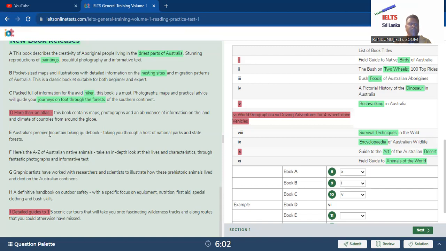Yeah, it talks about mountain biking, so it's about two wheels, right? Number 2, two wheels. E is number 2, so I will cut off that also. Now we have F.